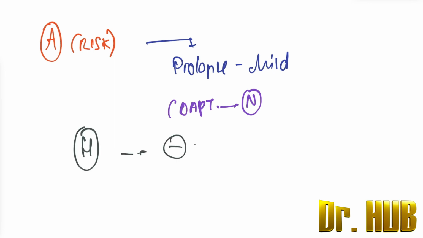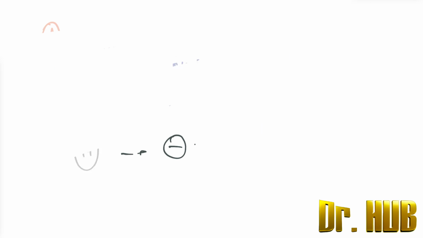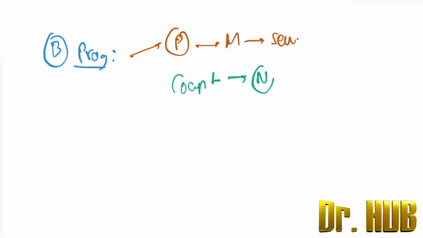Next we move on to the B type. B type means it is progressive. So A means it's at risk and B means it is progressive. So this is nothing but the progressive MR. What about the valve prolapse and the coaptation? The prolapse is moderate to severe, and the coaptation is normal.